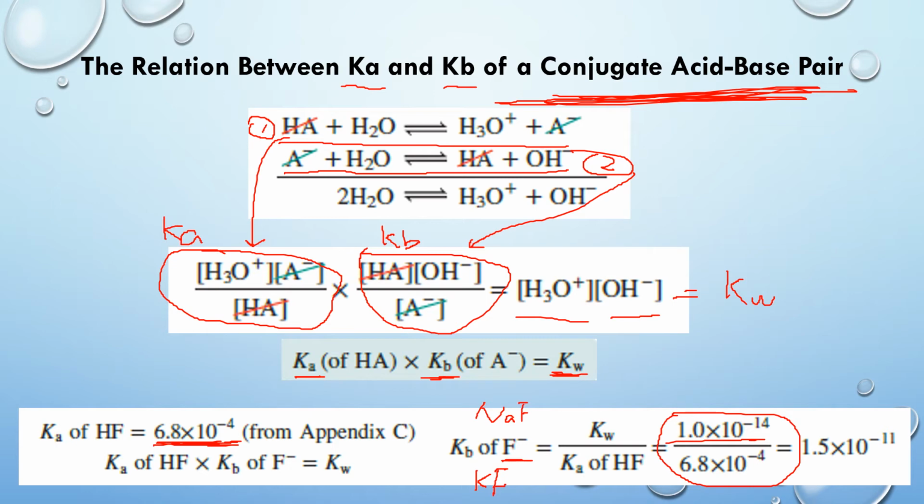So if you want to know the Kb for hydrofluoric acid and sodium fluoride, we only worry about this fluoride. We don't care what the metal is. It could be sodium, potassium, cesium, whatever. So these are the so-called conjugate acid and base pair.